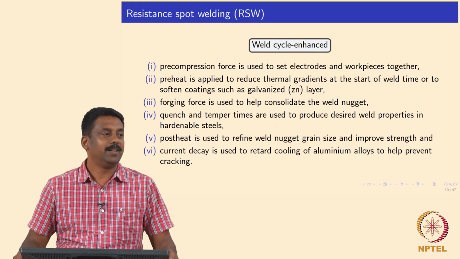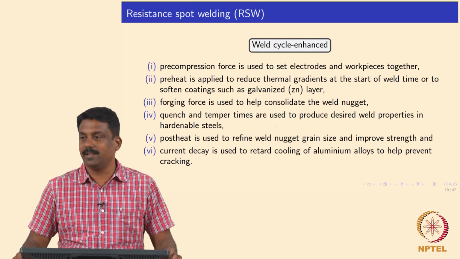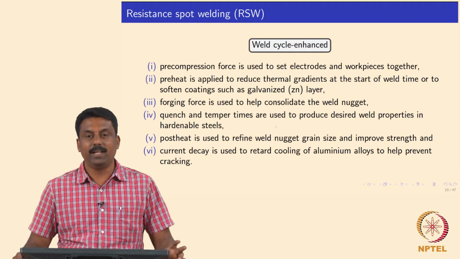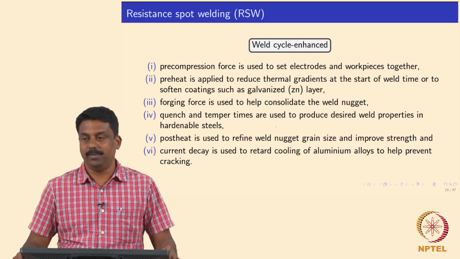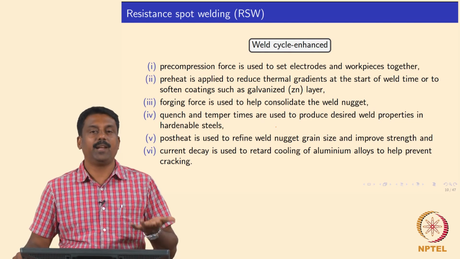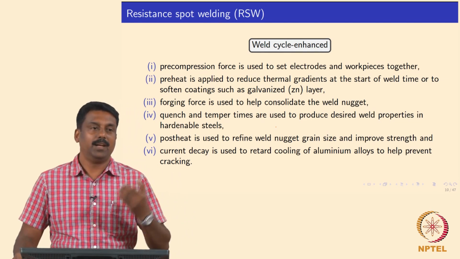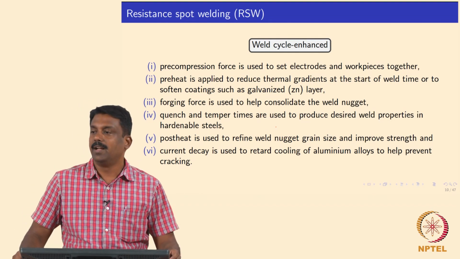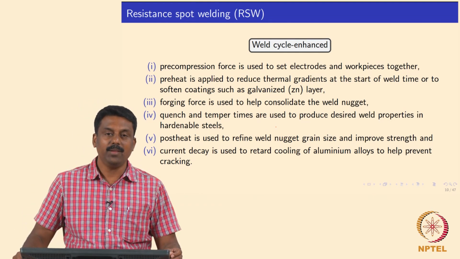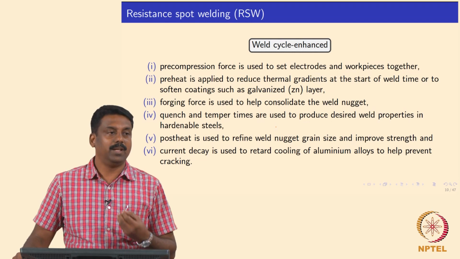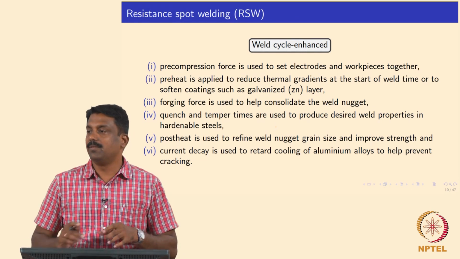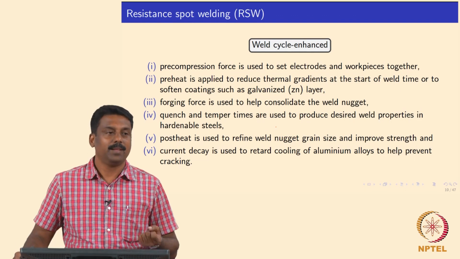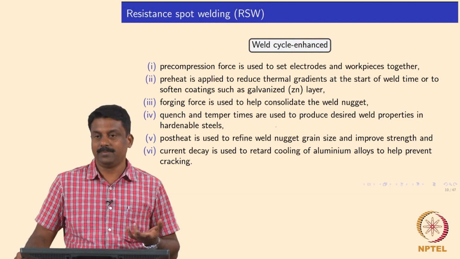Stainless steels are reasonably good material if you are using GMAW or GTAW to weld, because you can play around with the solidification pattern, the solidification method. You can play around with the dilution, so that you can avoid hot cracking. But here there is no way you can add a filler. So it's all autogenous weld.